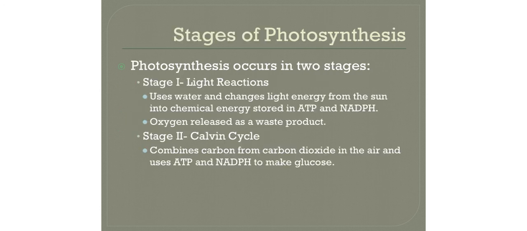So we've all heard of the term photosynthesis, and you know that photosynthesis is the process of an organism making its own food. But there is a lot more that goes into it than just eating the sun, if you ever hear that. We're taking the energy from the sun and converting it to usable energy known as chemical energy.